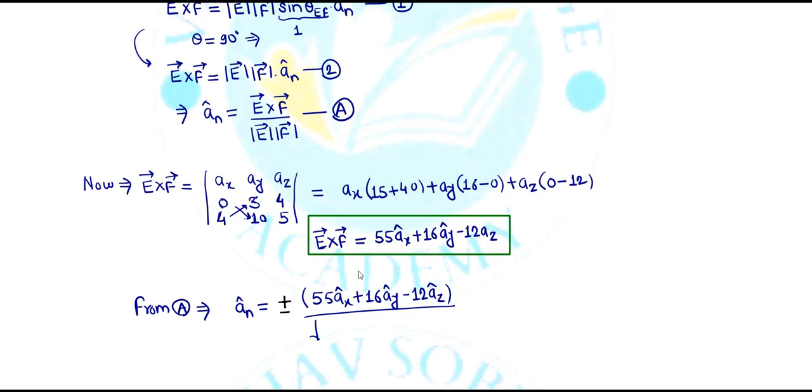So the magnitude of vector E, you can refer to your given statement, will be square root of 3 square plus 4 square. Then the magnitude of vector F will be square root of 4 square plus minus 10 square plus 5 square.